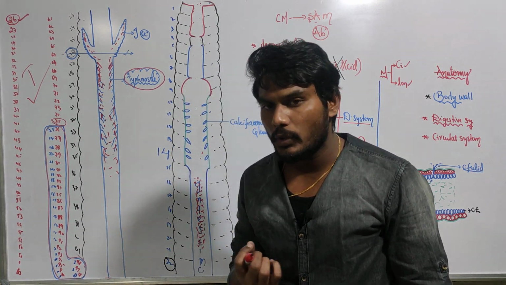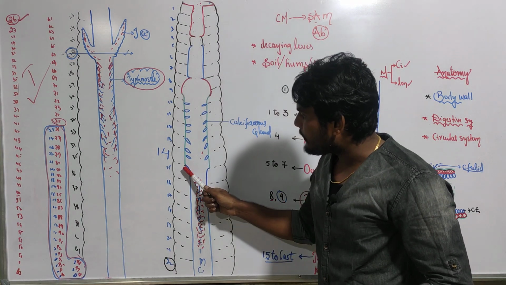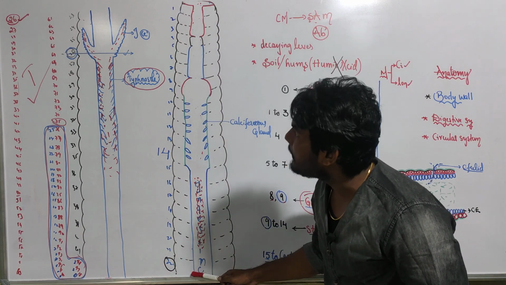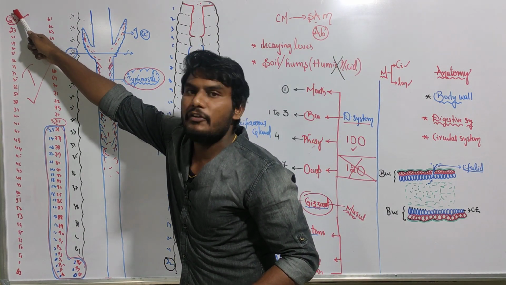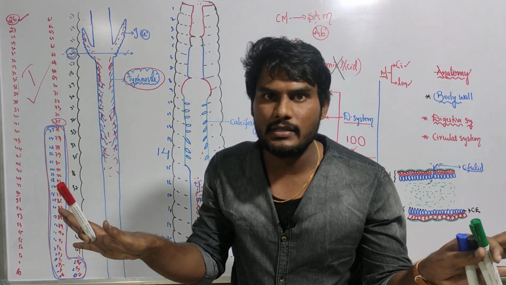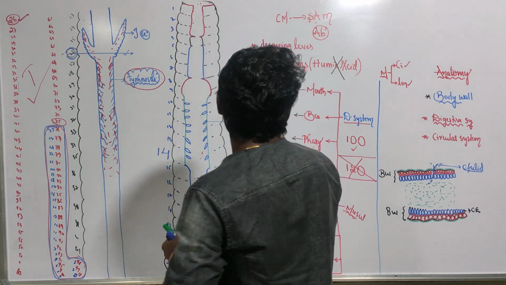If you do not understand, revise and check once again. See, the intestine starts from the 15th segment. From the 15th segment to the 25th segment, typhlosole is absent. Let me write here.